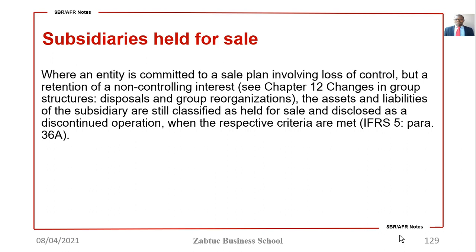Let me read that one again. Where an entity is committed to a sale plan involving loss of control but a retention of non-controlling interest, the assets and liabilities of the subsidiary are still classified as held for sale and disclosed as a discontinued operation when the respective criteria are met.